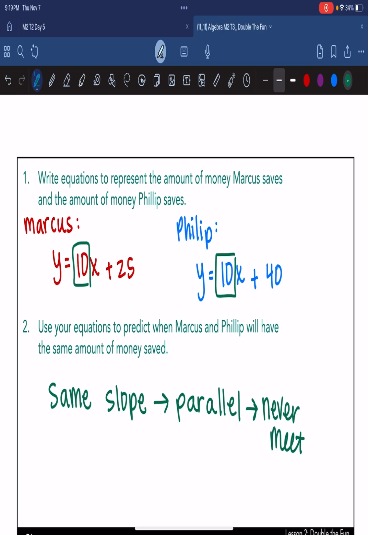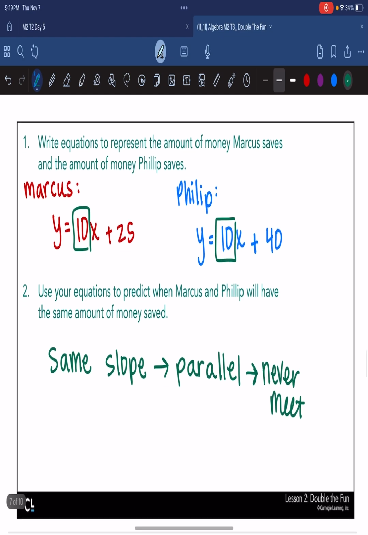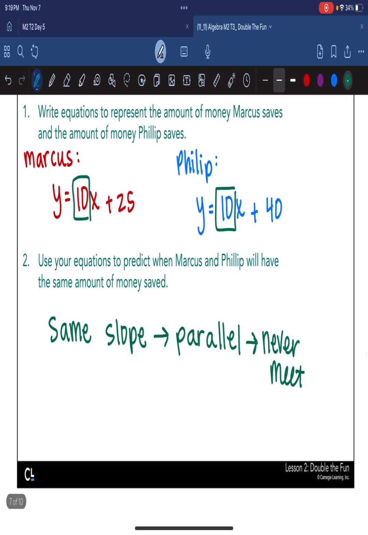They will never touch. So what this really means is that there will be no solution. There will be no value of x and y, a point that the two lines will meet.